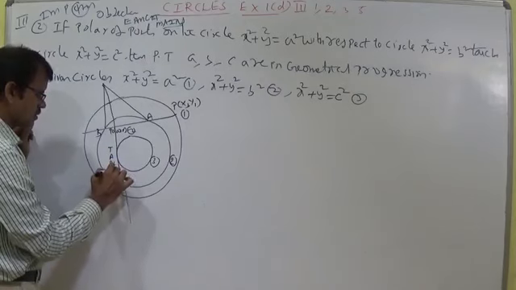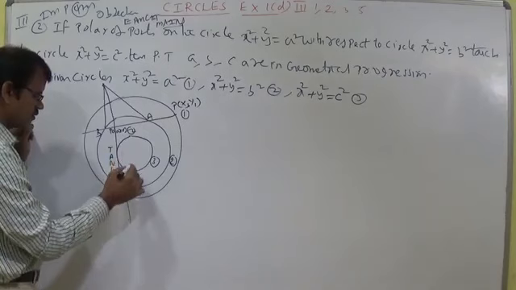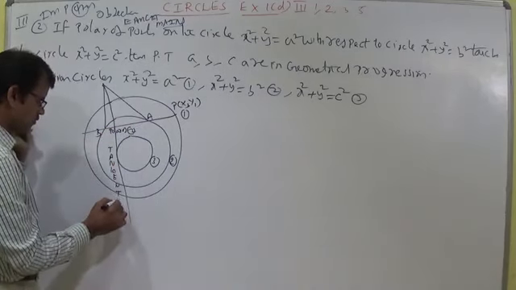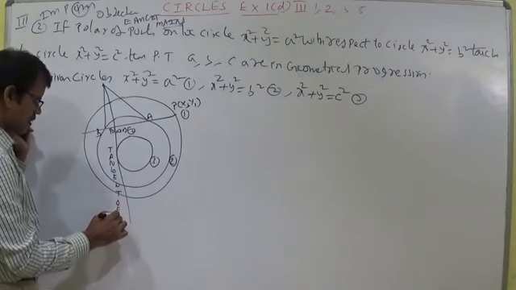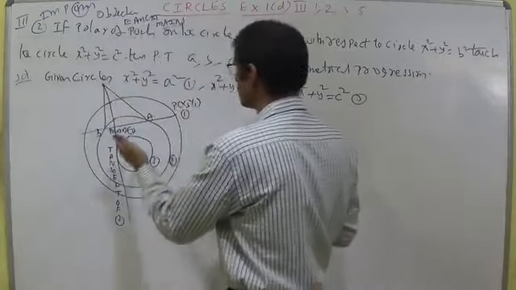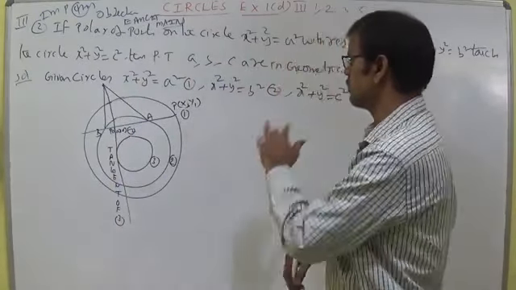Tangent of 3. That's all. So the polar of the second circle became a tangent of the third circle, where the point, to get the polar equation, the point should lie on the equation of the first circle.